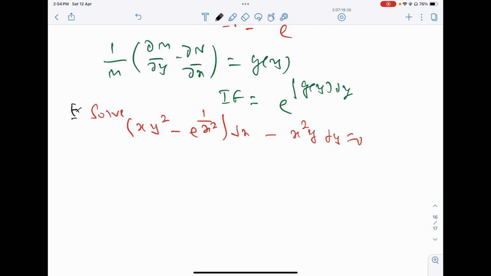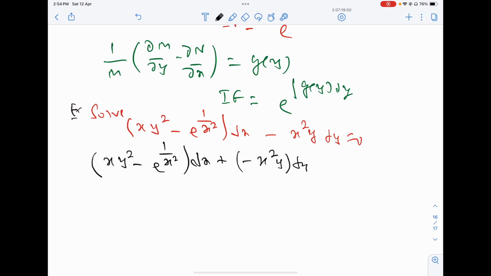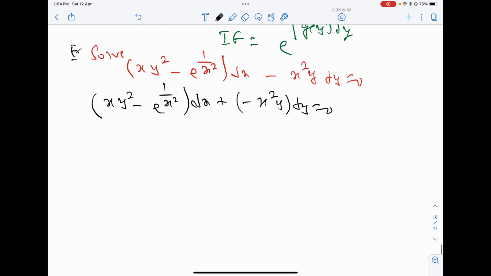So here we have (xy square minus e to the power 1 by x square) dx plus (minus x square y) dy equal to 0.